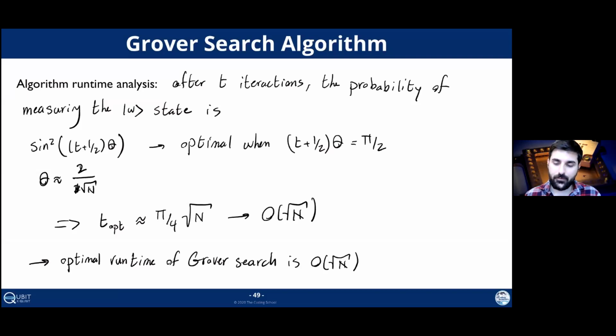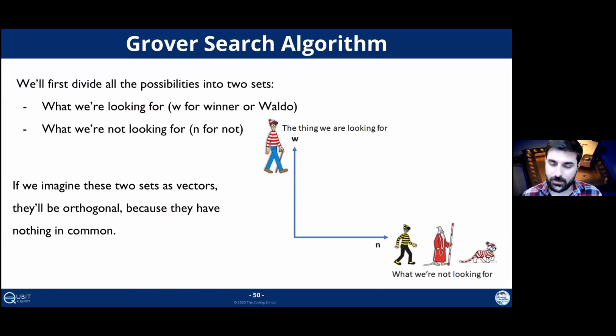Now, again, that might have been a little bit too much math. So maybe let's cap things off by going back to the Waldo example that we have and making the same geometric argument for that case. So what we've done is that we've divided all possibilities, i.e. elements of superposition, into two possible sets.